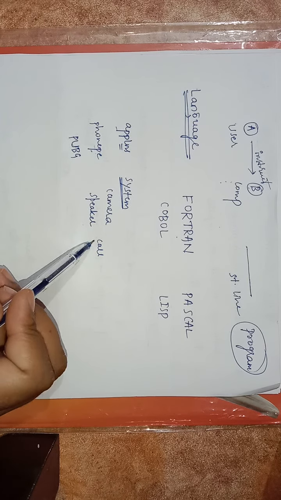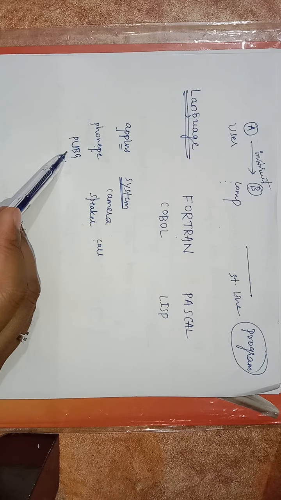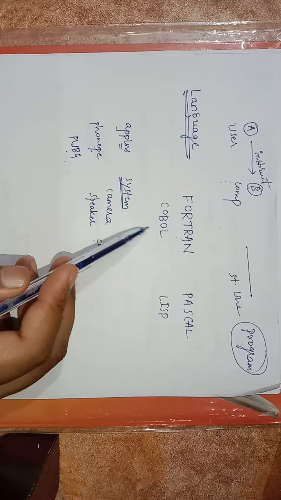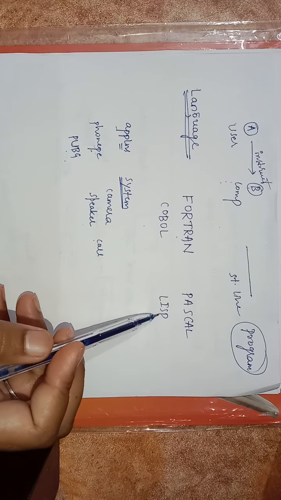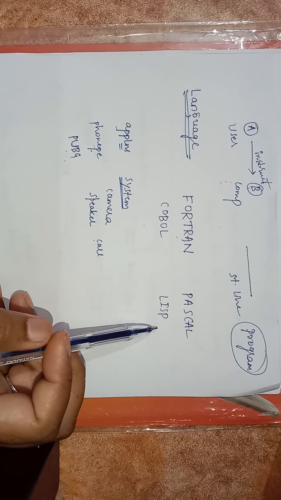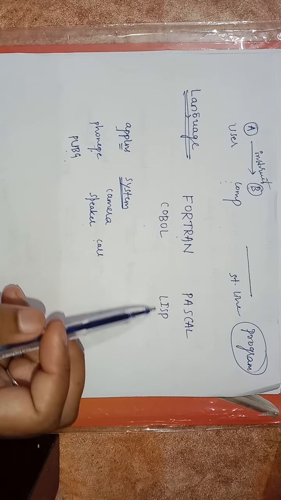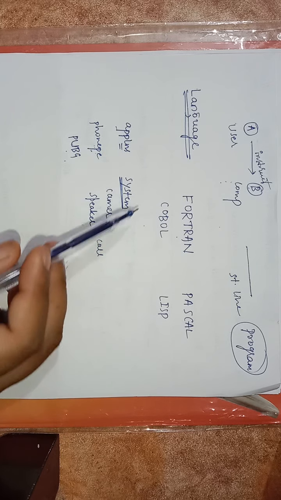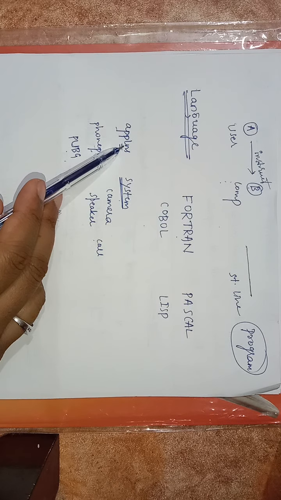But these are the system programs and these are the application programs. So Fortran, COBOL, Pascal, Lisp, anything else there, they are all application programs. No language was developed for both system programs and application programs.